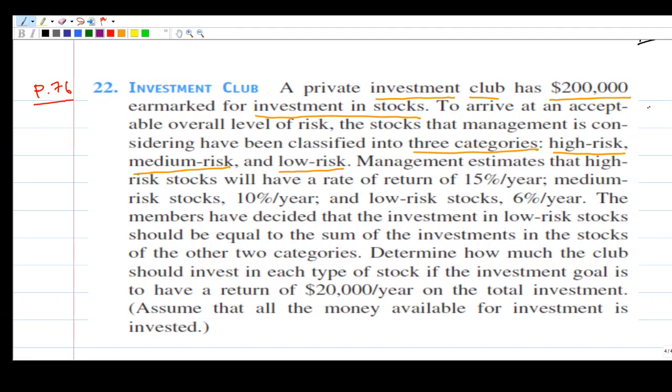Now, management estimates that the high risk stocks will have a rate of return of 15% a year. Medium risk stocks, 10% a year, and low risk stocks, 6% a year.